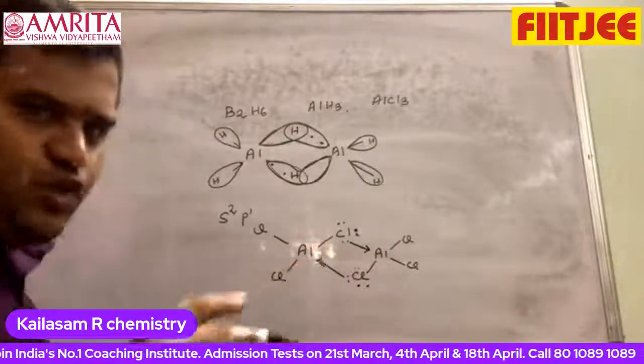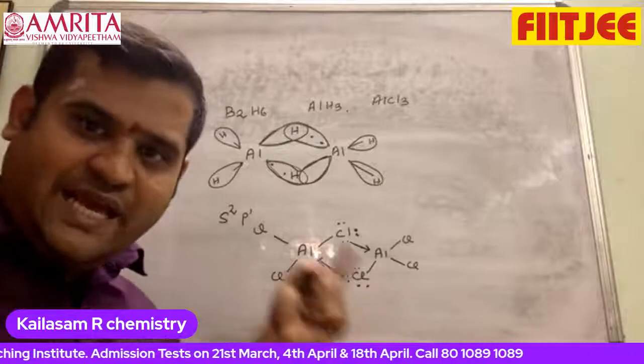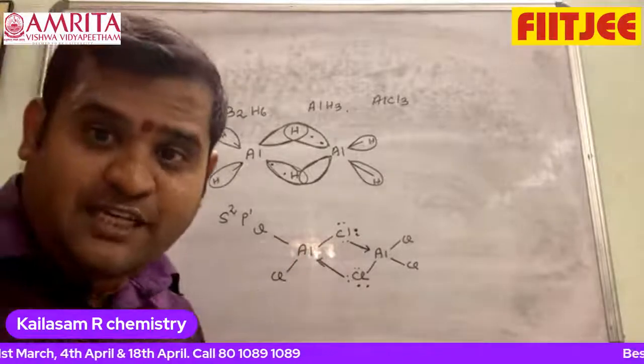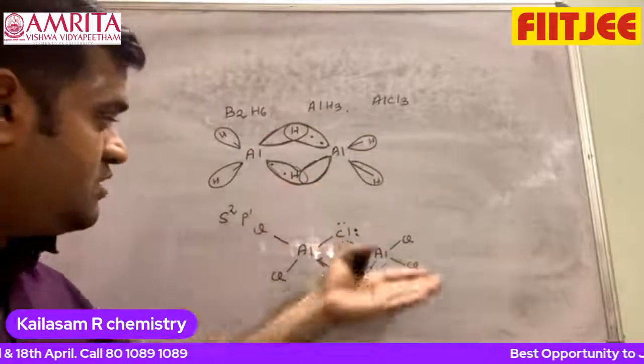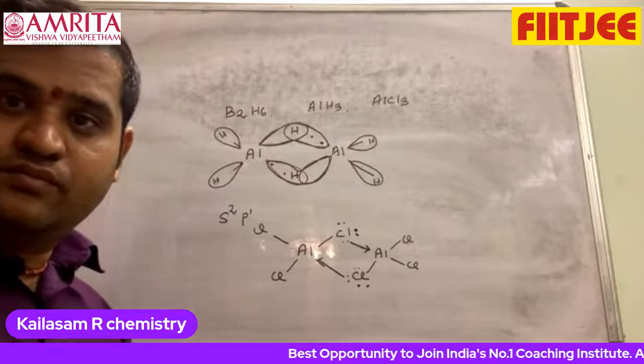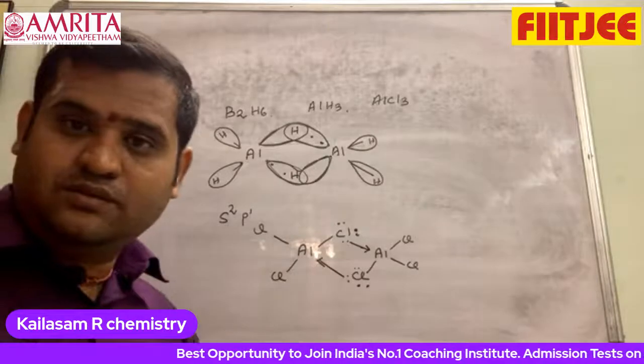So when AlCl3 undergoes dimeric structure formation, it is not electron deficient there. It does not have 3 center 2 electron bonds.